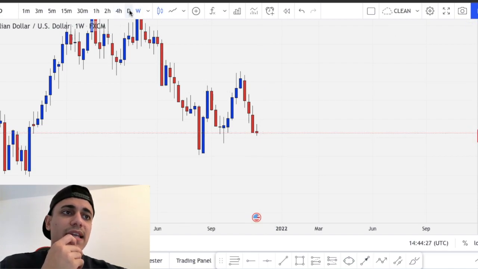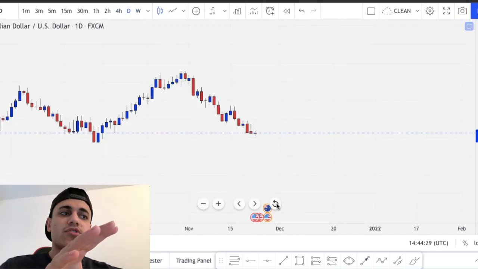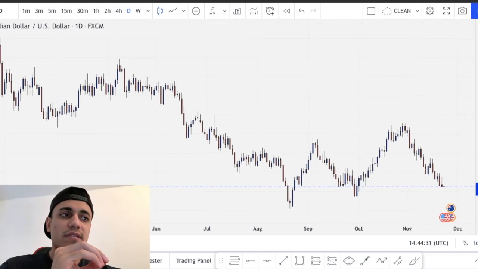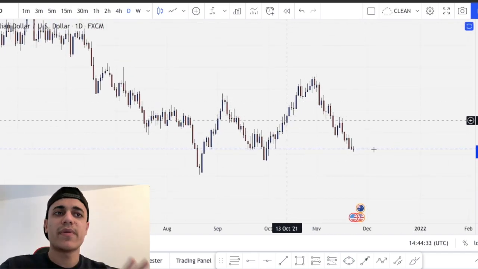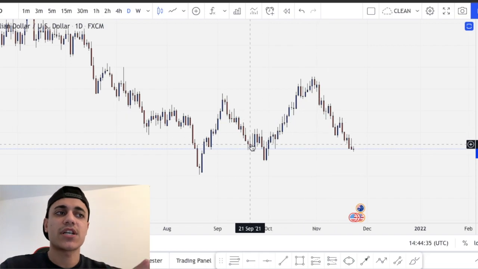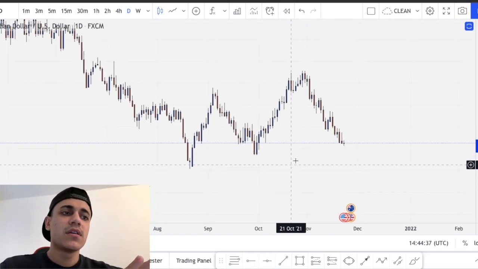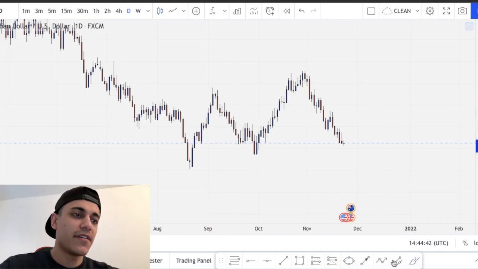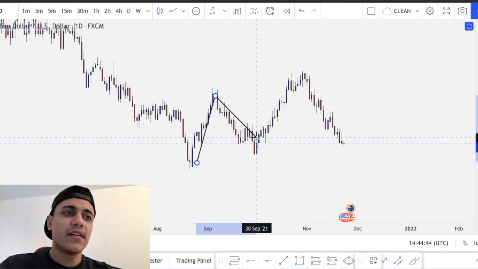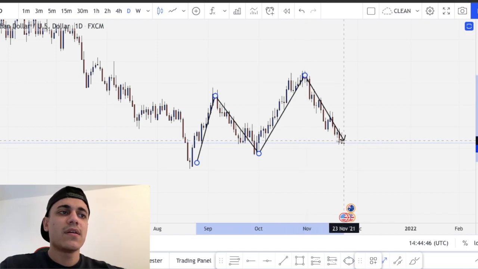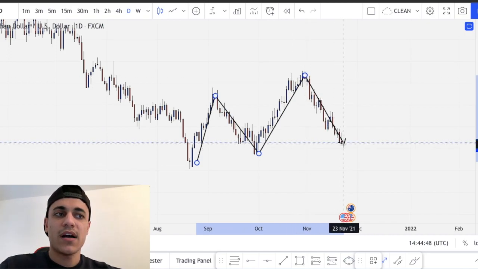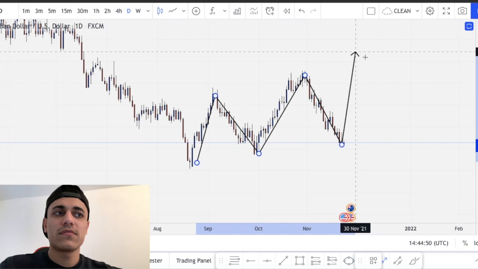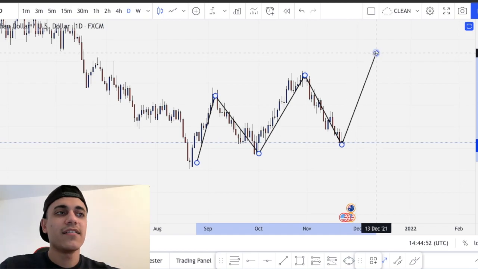We go down to the daily, we see a lot more structure, a little bit more detail. And this is where I do most of my analysis and base my structure bias on, right? We have a low, just keep clicking on the arrow, low, high, higher low, higher high, potentially a higher low for a higher high.